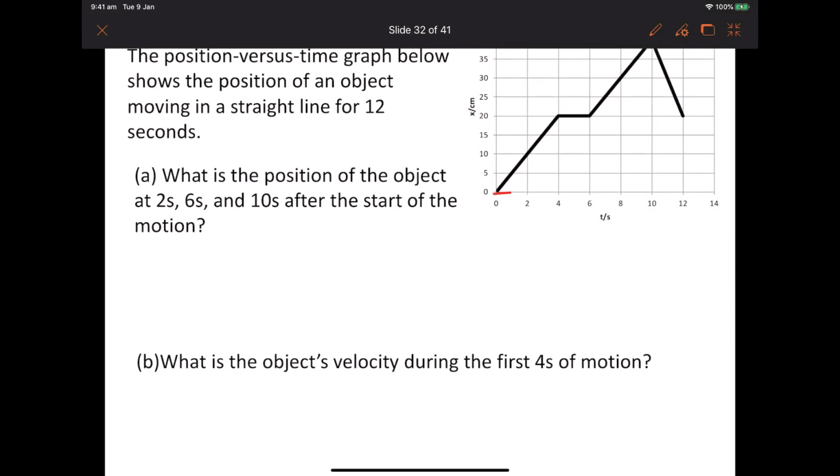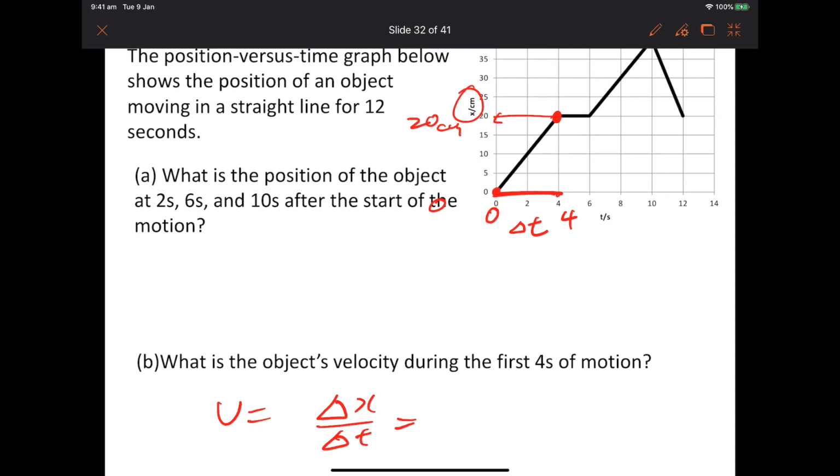The first 4 seconds is here. So this is your delta t. It changed its position from here to here, because your position. So with this one is 20 centimeter. So this is 0 and 4. So therefore, the velocity is delta x over delta t.